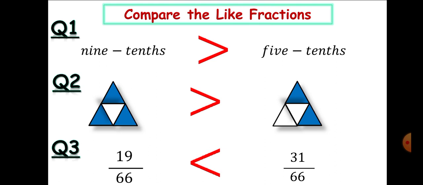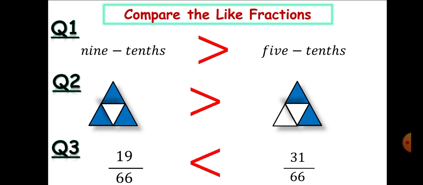If you have to compare the like fractions 9/10 and 5/10, you can write 9/10 and then 5/10. These are the numerators and these are the denominators. Here 9 is greater than 5, so 9/10 is greater than 5/10. Then we have a triangle with 4 equal parts, 3 of them shaded, that means 3/4, and a figure with 4 equal parts and 2 shaded, that means 2/4.